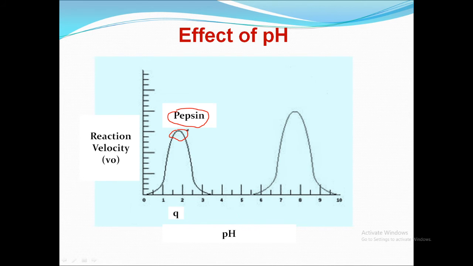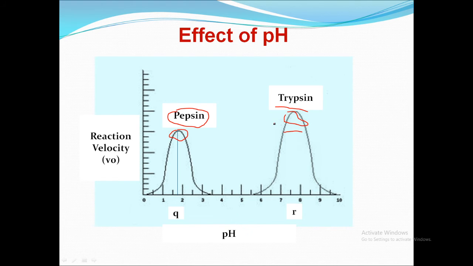So this is pepsin, which is active in acidic reaction, and most of the enzymes like trypsin, which is also a proteolytic enzyme, are activated at the range of 7 to 8 pH. In fact, most enzymes within the body are activated in this optimal pH range.